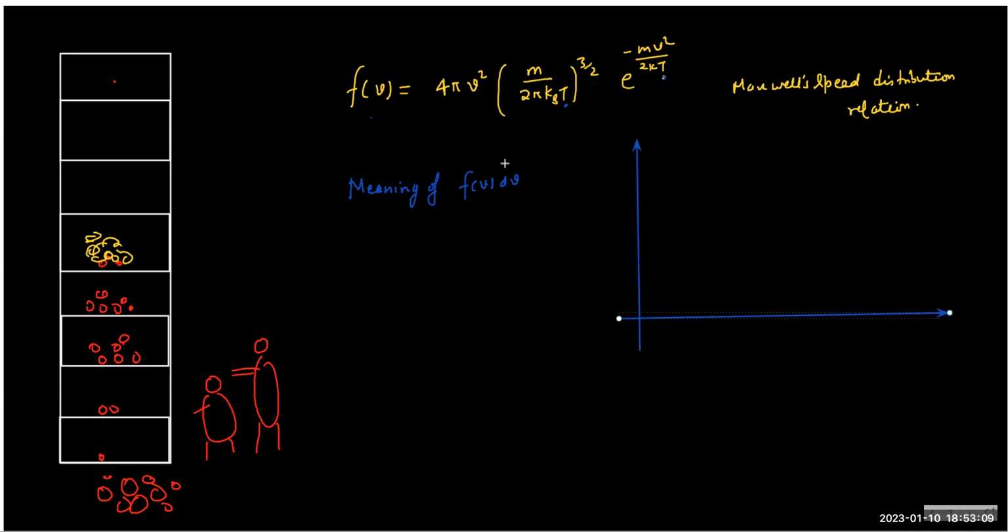So when we have a distribution graph, so what is the probability of having velocity v?